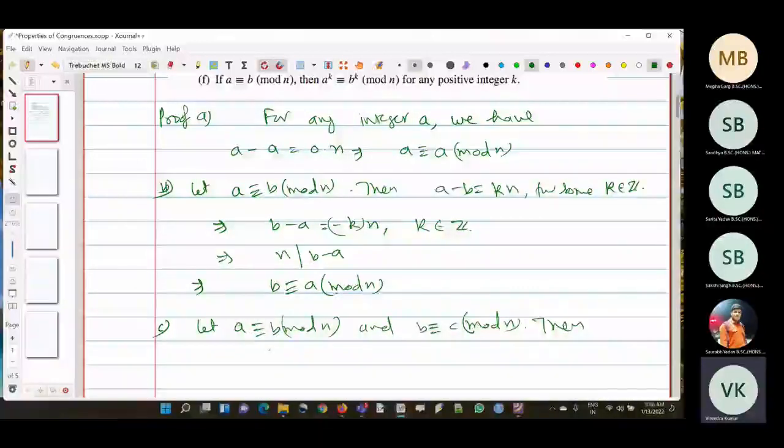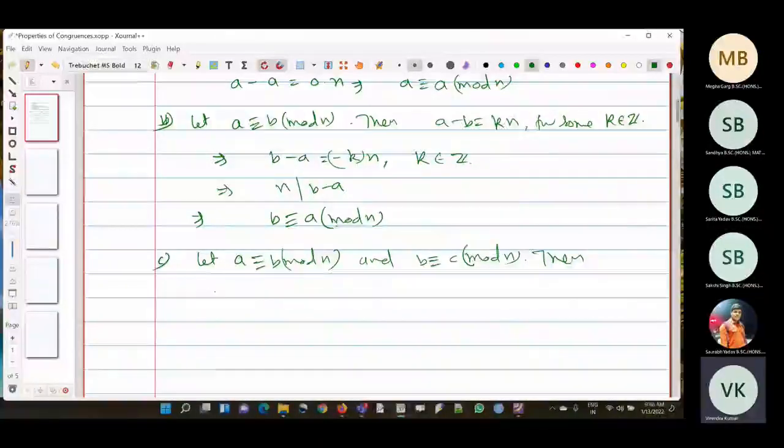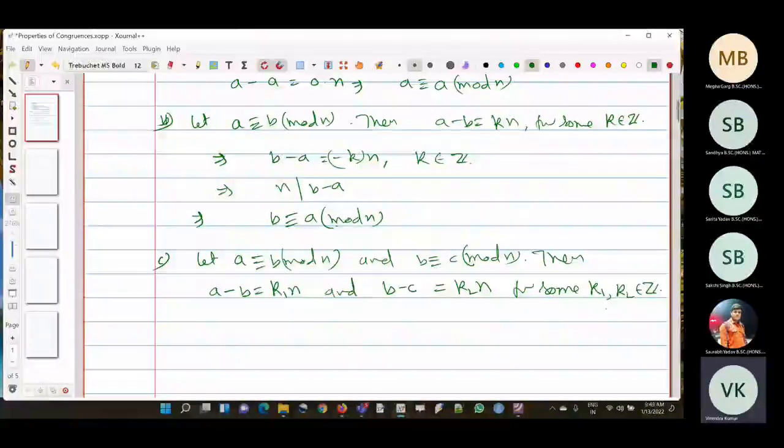Then we can write A minus B equals some k1 times n, and B minus C equals some k2 times n, for some k1, k2 belongs to Z. Okay. To prove that A is congruent to C, we need to prove that A minus C is divisible by n.